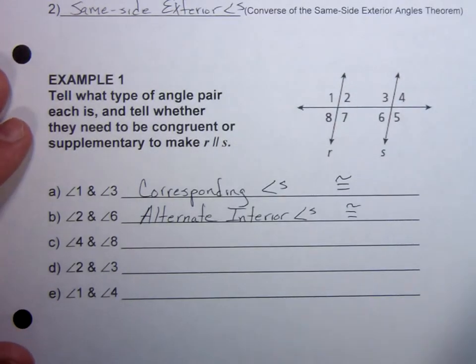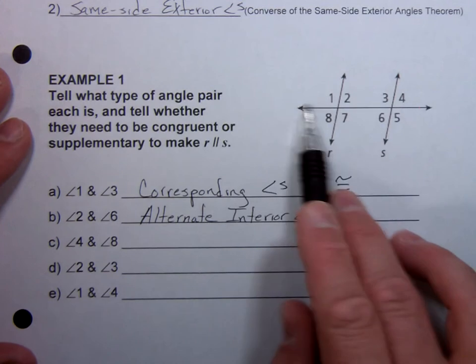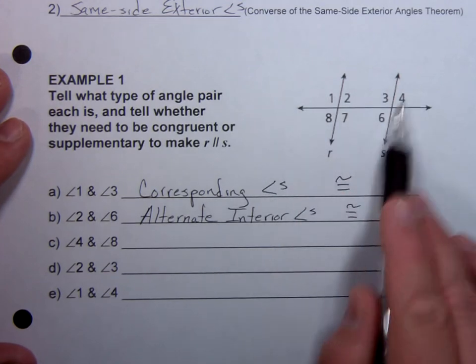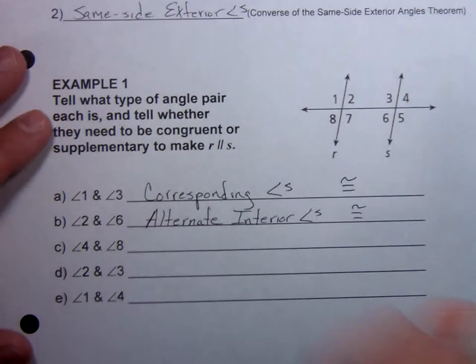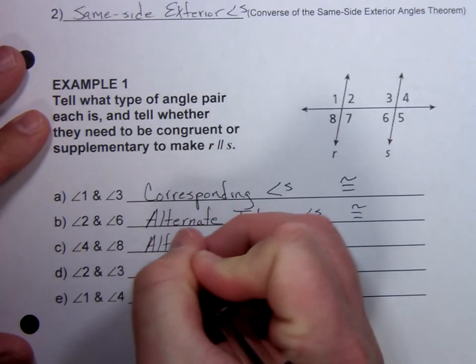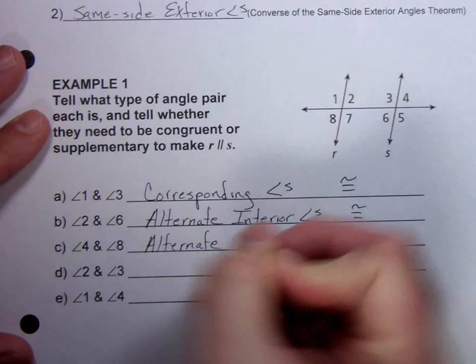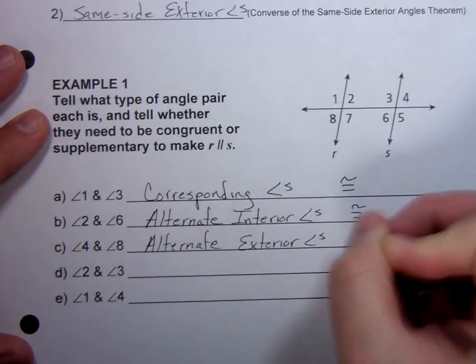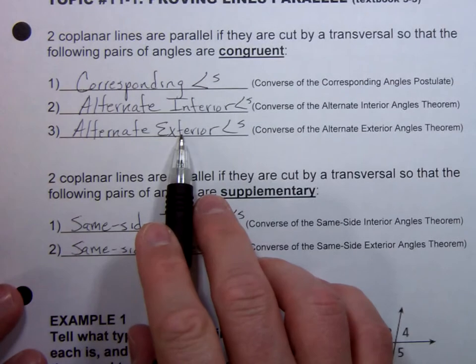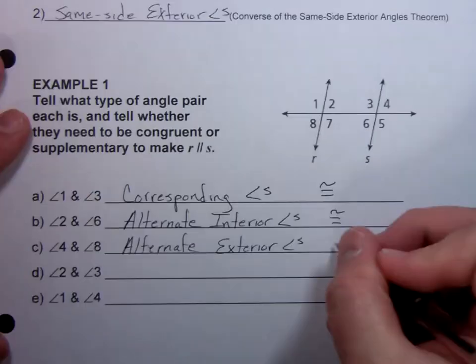Angles 4 and 8. Notice they're on different sides of the transversal. One's above it, one's below it. And these are outside the two lines, so these are alternate exterior angles. And alternate exterior angles also have to be congruent for the lines to be parallel.